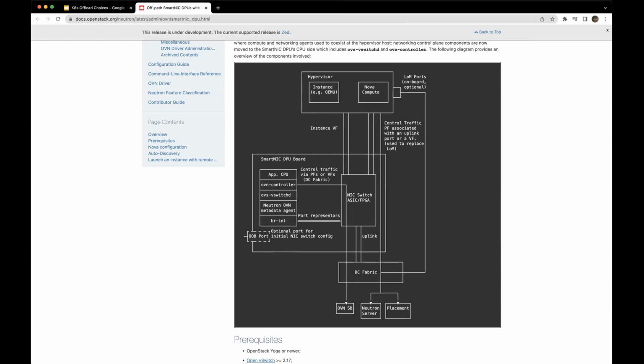Also, another aspect we are looking at is that we are speaking of the OVN control plane, or the control plane of the host and some control plane on the DPU. If you have some disaster recovery, or if you have some problem in one of the two networks, like, for example, killing your management controllers for the infrastructure running on the DPU, the DPU should still run and you should still provide connectivity.